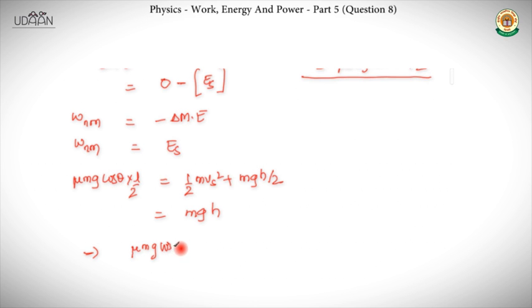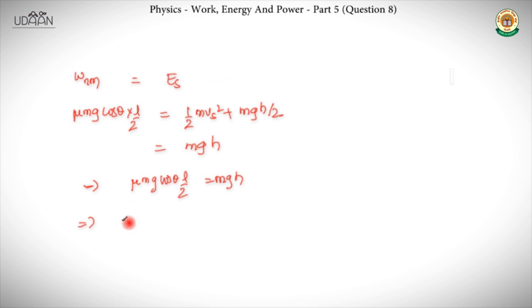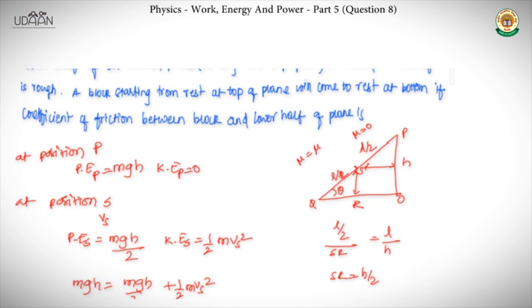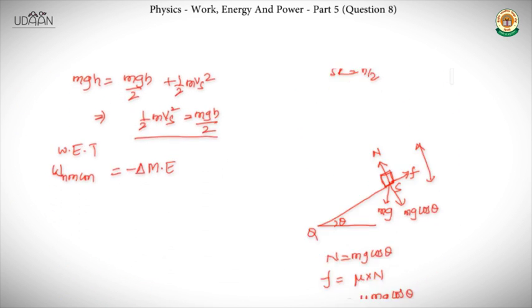mu mg cos theta L by 2 is equal to mgh. This will give mu cos theta by 2 is equal to h by L. From the above inclined plane diagram we get h by L is equal to sin theta, which is a general formula in trigonometry.